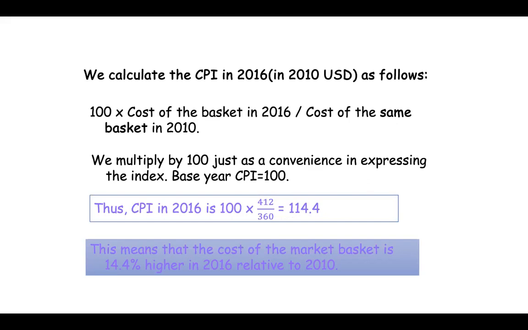We multiply by 100 to be able to read percentages easier, but sometimes you may see a CPI without this times 100. So in that case, the base year will be equal to 1. In other words, we can express the CPI in percentage terms or in decimal units. And either way, it has advantages and disadvantages. Does that make sense? Are there any questions so far?